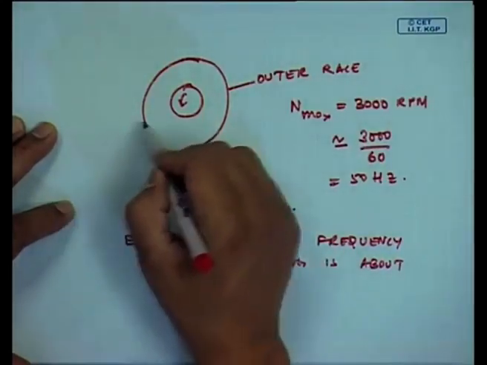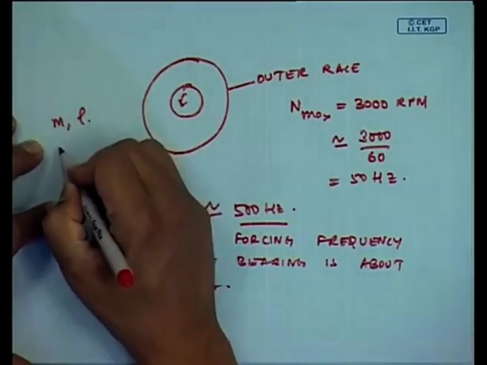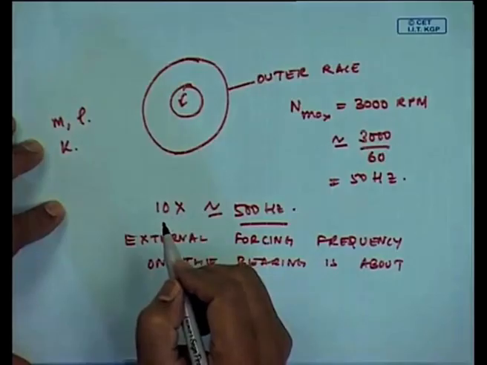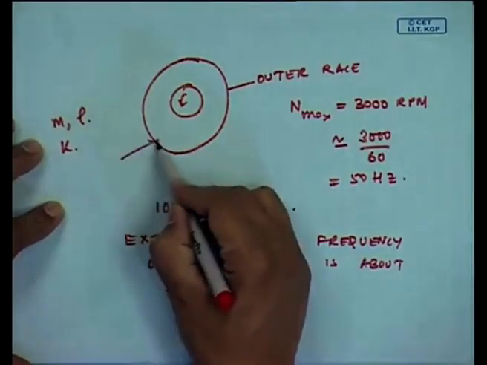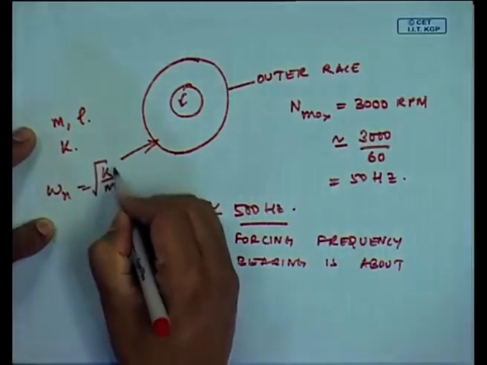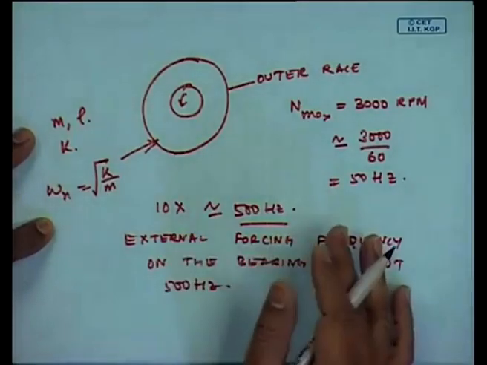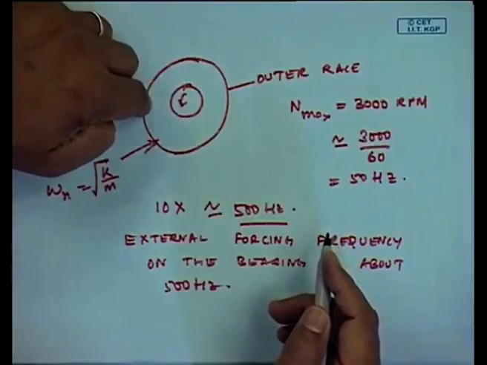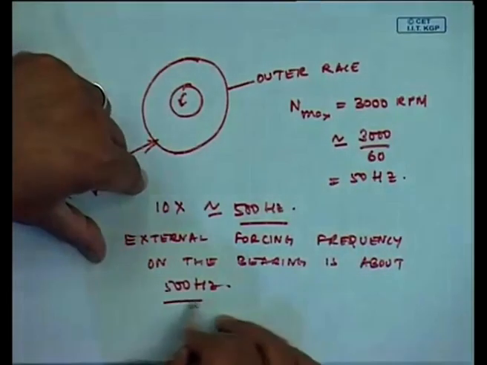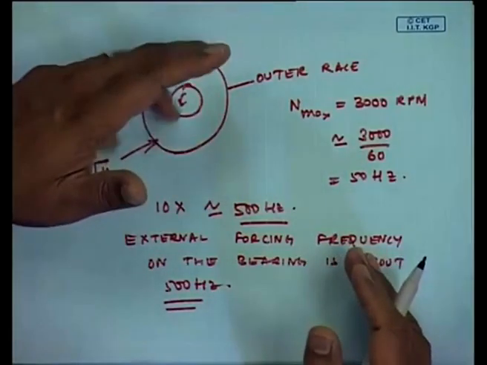Imagine, because this is an elastic material, it has its mass, it has its density, it has its stiffness, etc. So, these rings also have their natural frequency. We can model them with some equivalent stiffness and mass. Obviously, a bearing designer is not going to design a bearing whose natural frequencies are in this range. Otherwise, every time the bearing is in operation, it will get excited at its resonance.